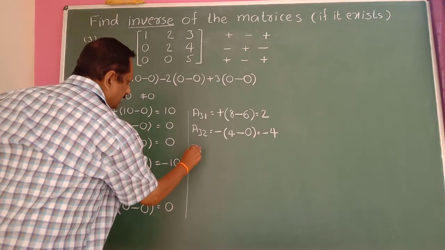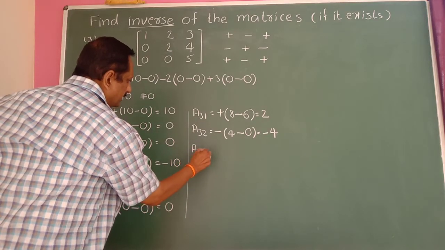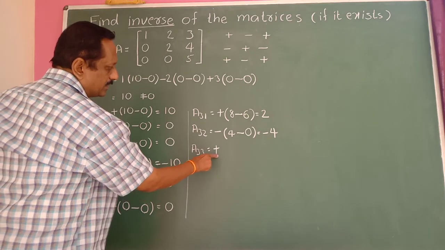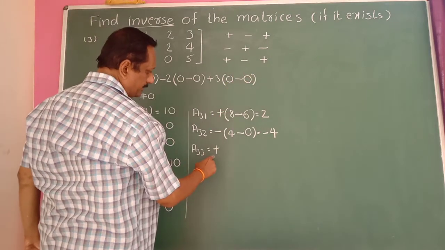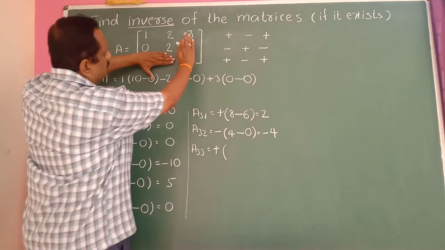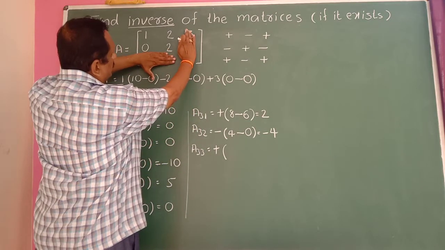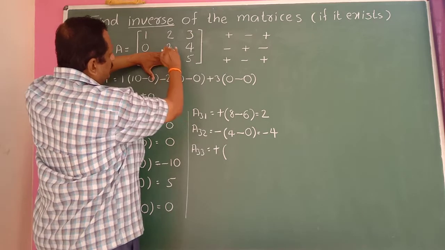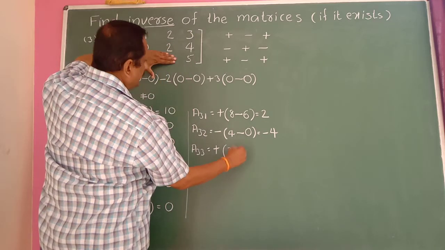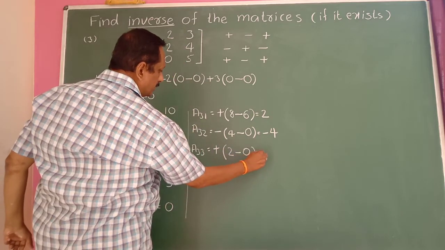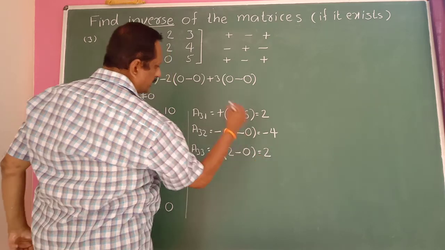Then A33. 3 plus 3, 6, even number, take plus sign. Deleting third row, third column. Then remaining these elements here. 1 into 2 becomes 2 here. So write here 2 minus 2 into 0 becomes 0. Therefore 2 minus 0 is 2.